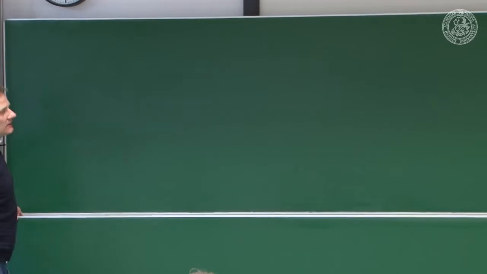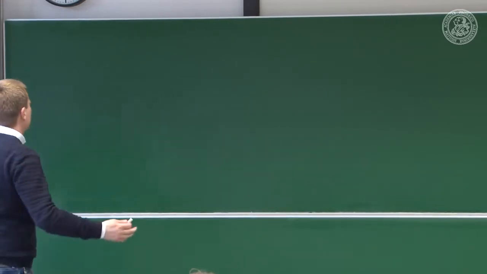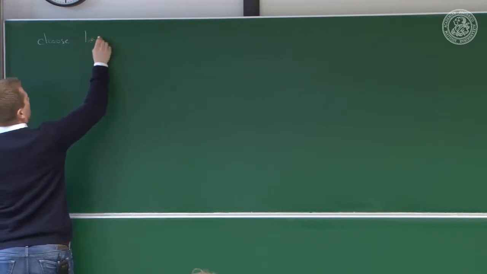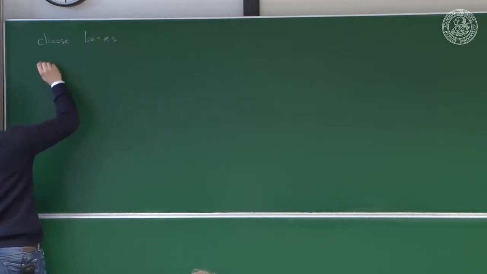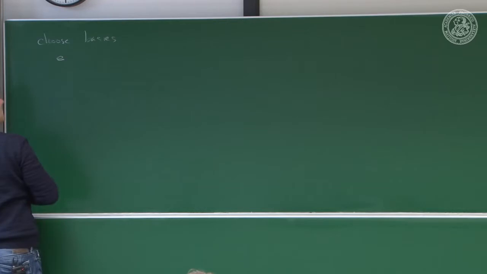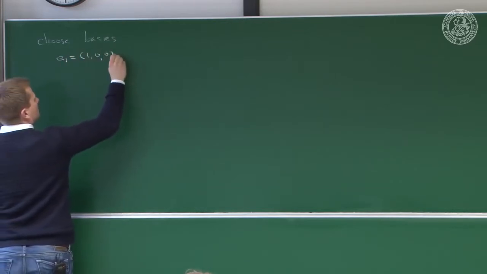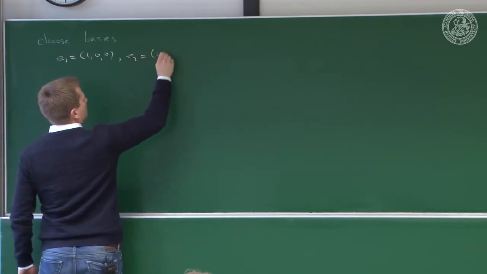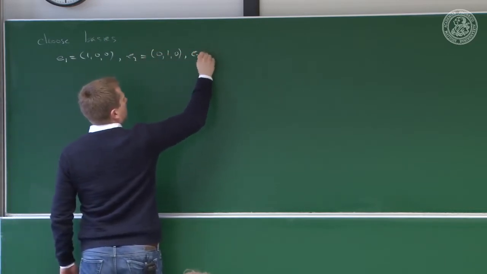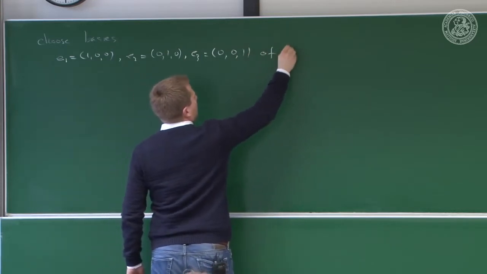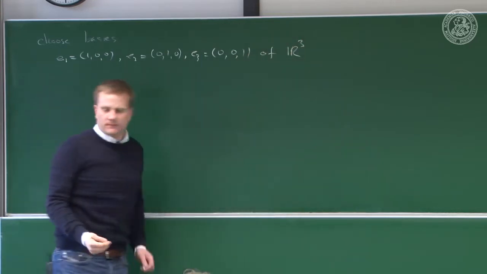So in order to write down explicit maps, it's useful to choose bases. So choose bases. The first basis we choose is E1 equals (1, 0, 0), E2 equals (0, 1, 0), E3 equals (0, 0, 1) of R3.